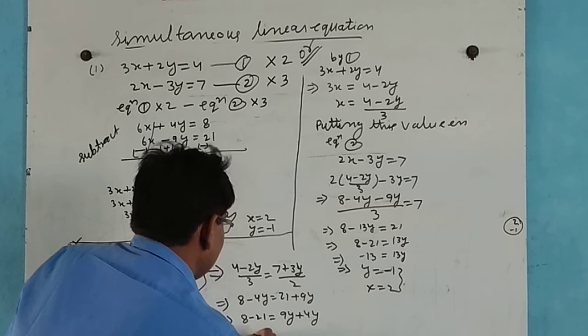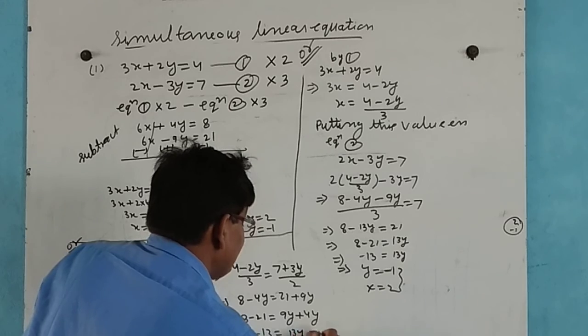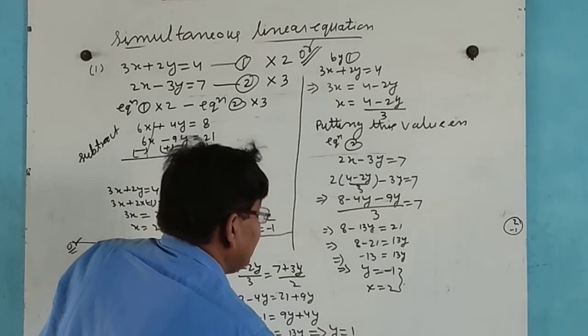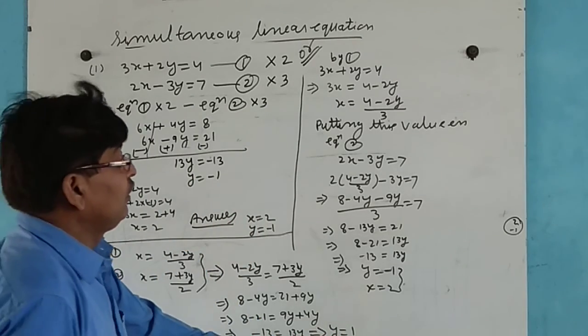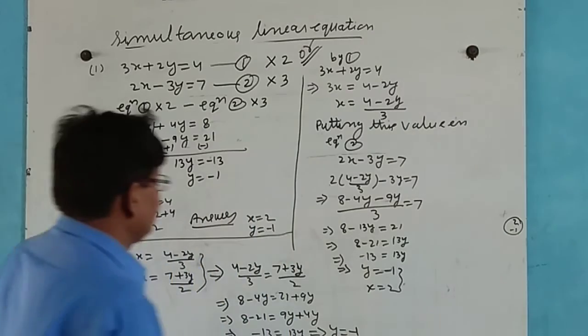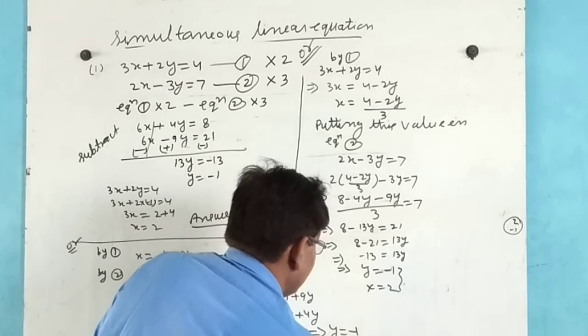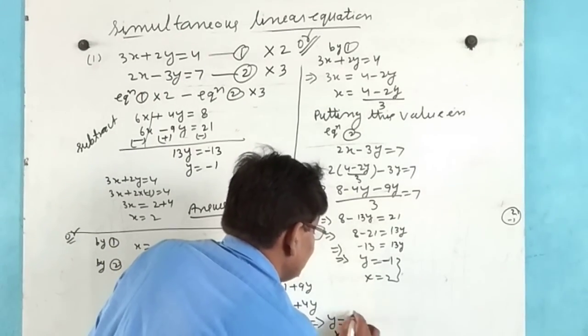It means minus 13 equal to 13y, which implies y equal to minus 1. Also, putting the value of y in any equation, we get the value of x equal to 2.